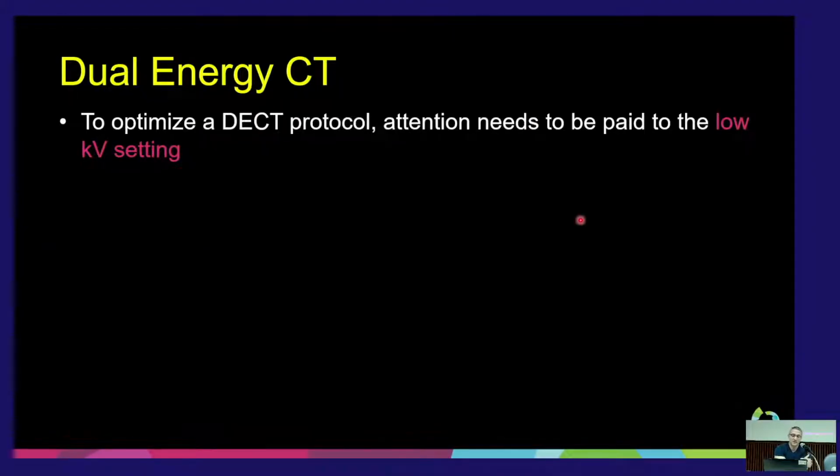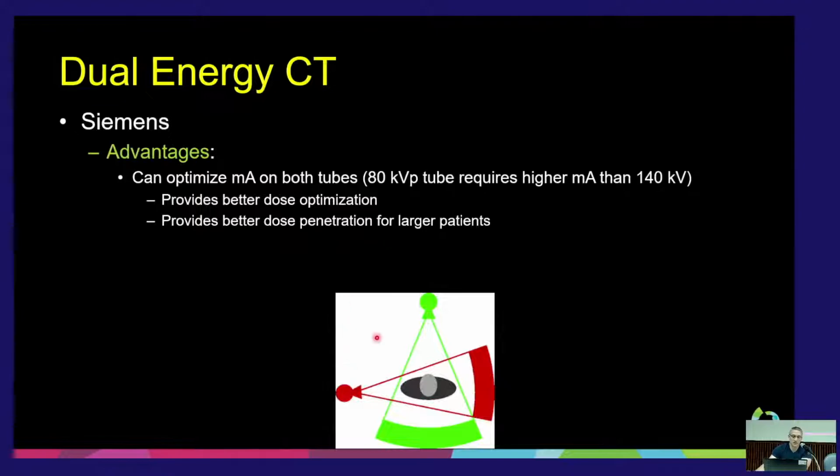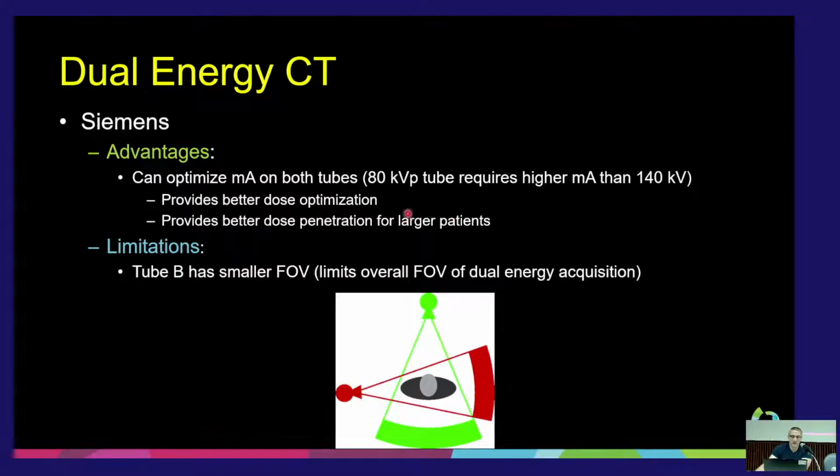So how does this, of course, affect dose? Most of the time when we're optimizing dual energy CT protocols, attention needs to be paid to the lower kV setting. At low kV, noise is most prominent, artifacts are most likely to be induced, and quantification accuracy is most limited. The advantage with dual tube systems is that you can tube current modulate. You can set the right mA for the 80 kV tube and the 140 kV tube, so you get really good dose optimization and good noise properties for both.